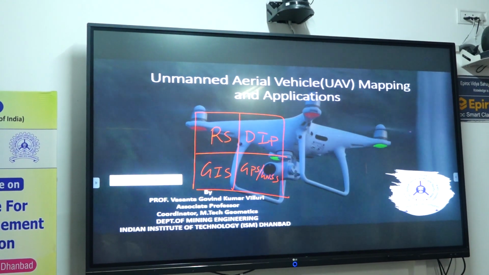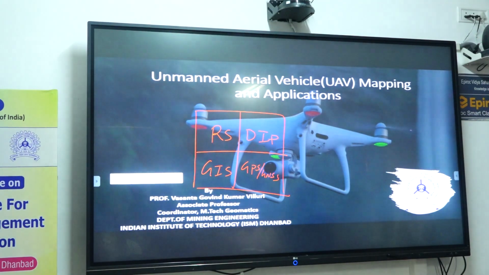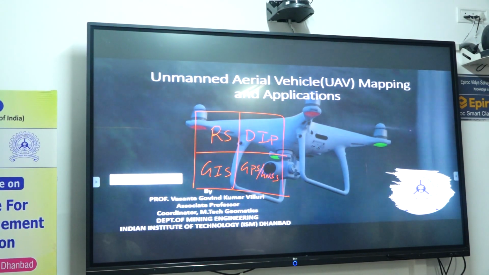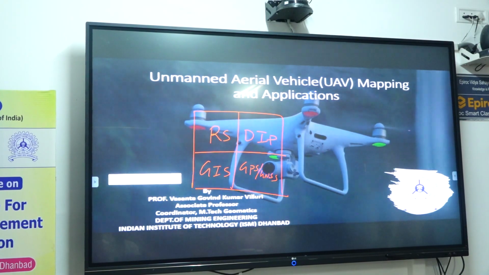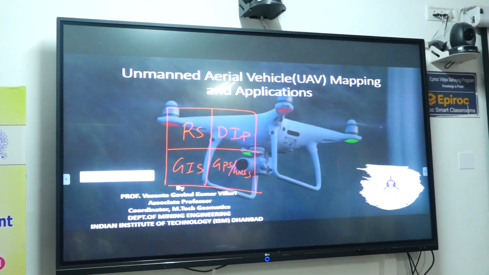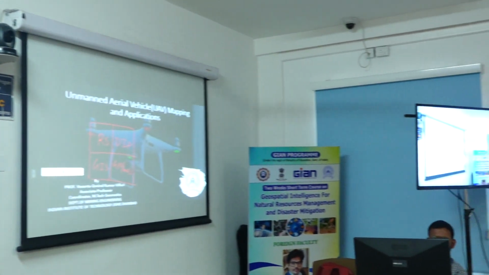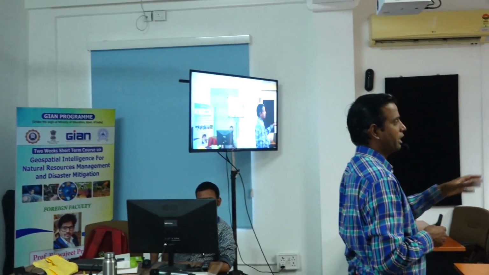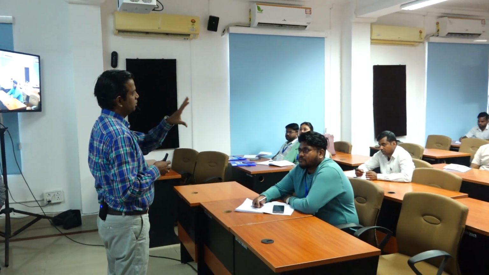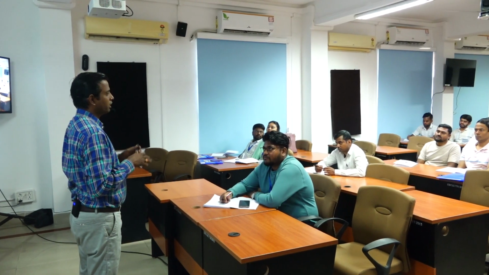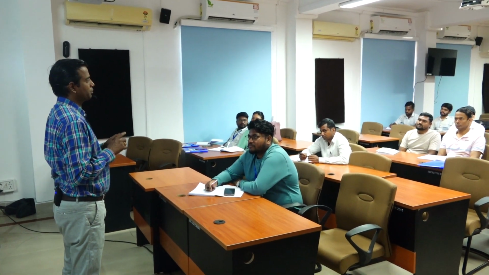One is all about remote sensing, how the various satellite images are captured by taking into consideration spatial resolution, spectral resolution, radiometric resolution, and temporal resolution, and talking about the various satellites, environmental monitoring satellites, geospatial satellites, and polar orbital satellites, and finally the ground monitoring satellites, which can give you the data in terms of spatial, spectral, radiometric, and temporal resolution.